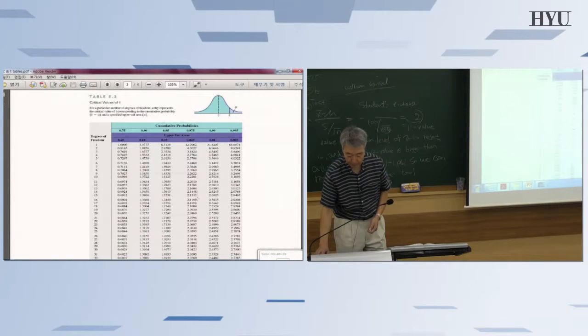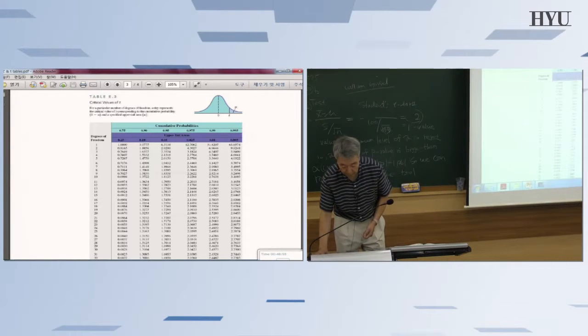The T table is completely opposite. The numbers you see inside here are not the size of areas. Those are the T statistics, the T-scores. And the size of the area is found on the margins. For example, 0.25, 0.1, 0.05.